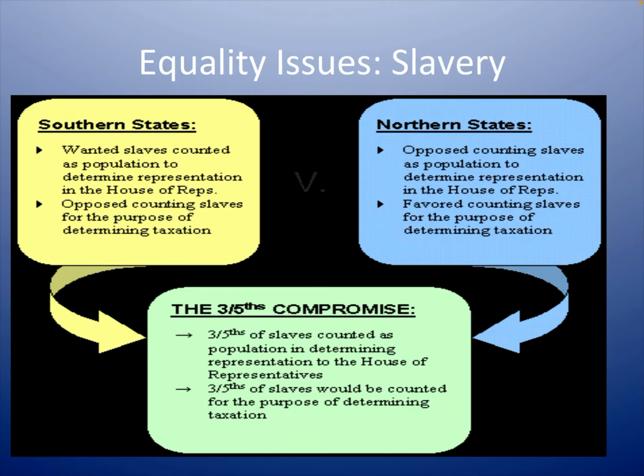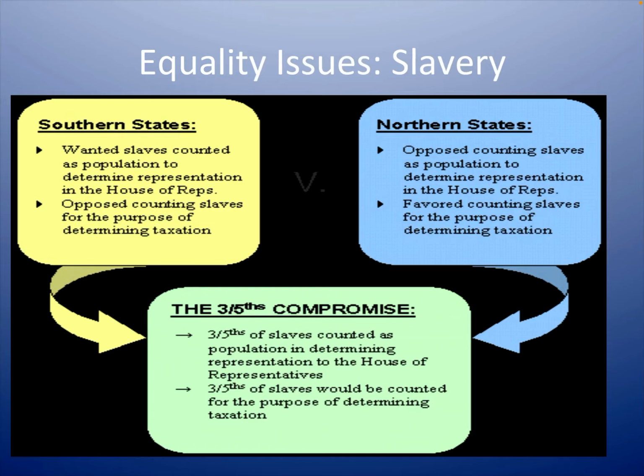Now, on the issue of slavery, Southern states at this time wanted their slave populations to count in terms of dictating the number of representatives they would have in the House of Representatives. Southern states did not want slave populations counted when it came to taxation purposes, so they did not want to be taxed for their slaves.